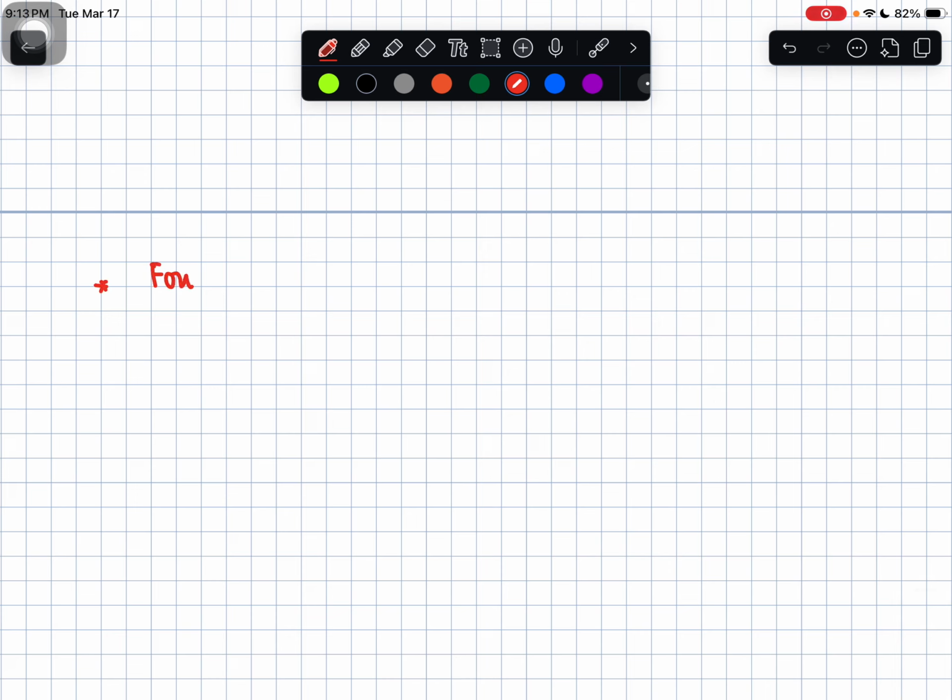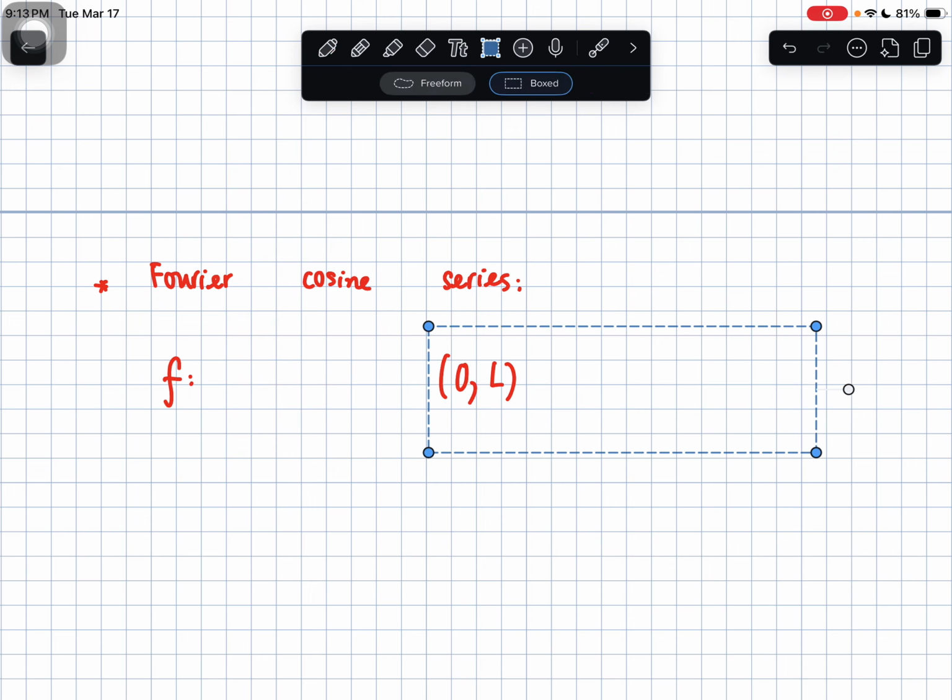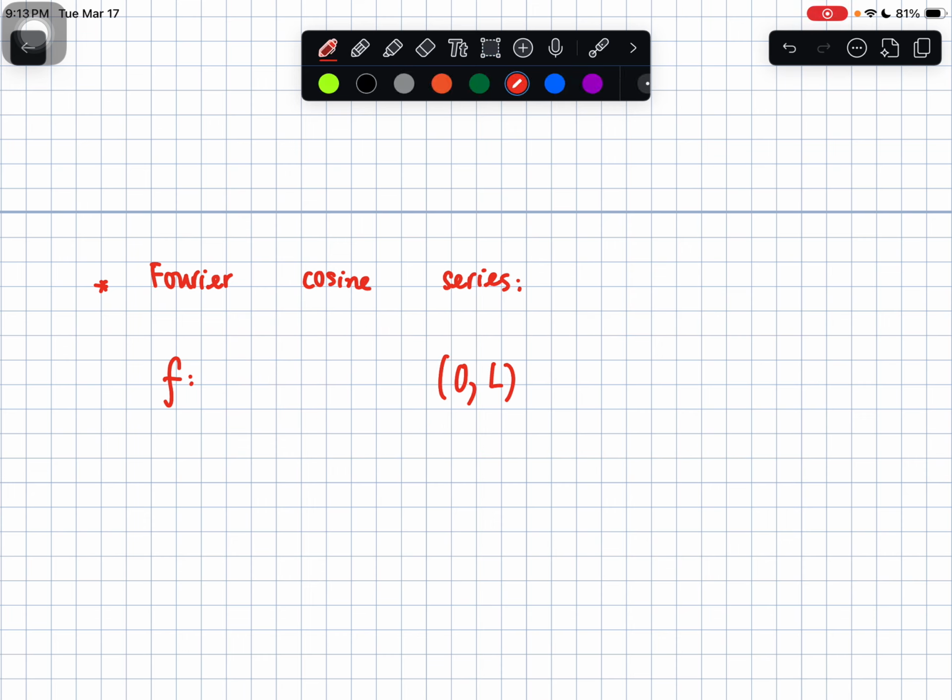So we are given f on the interval from 0 to L. 0 to L is the domain of f initially.